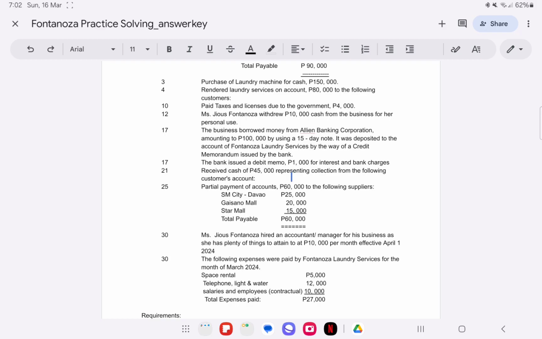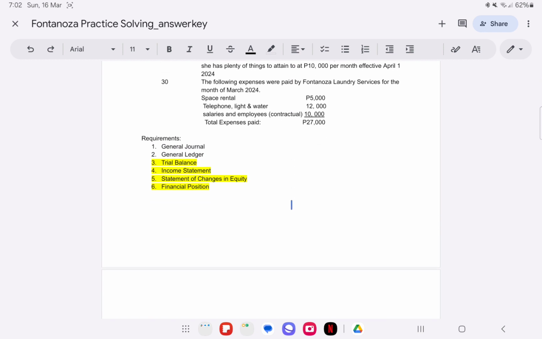So your value parted with, imong gihatag sa imong supplier, is cash of 60,000. So 90,000 minus 60,000, so you have a remaining balance, or an obligation or balance to your supplier worth 30,000.